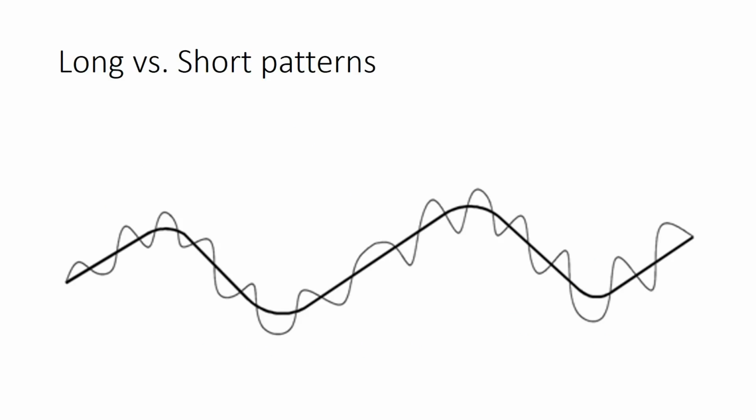So in the market, you're going to see long patterns and short patterns. And this is a really good graphical representation of the sine waves involved. So the bold line is the longer pattern, and the smaller squiggly line is the shorter pattern.